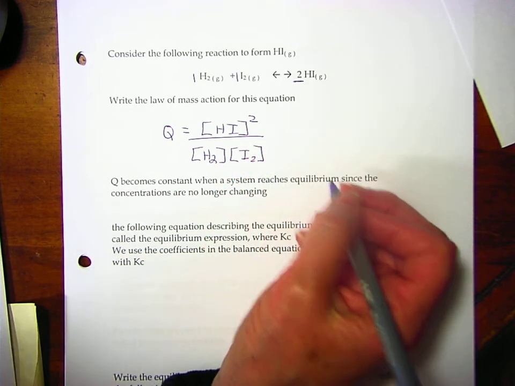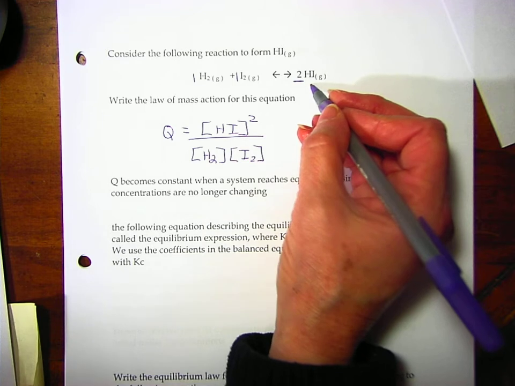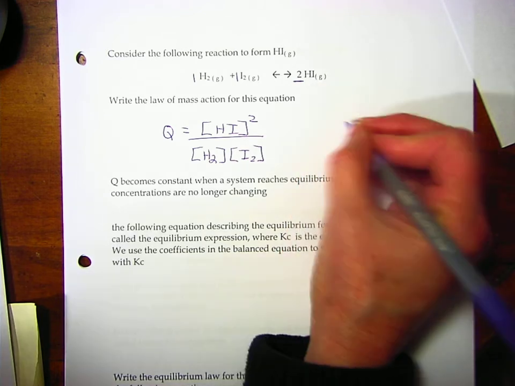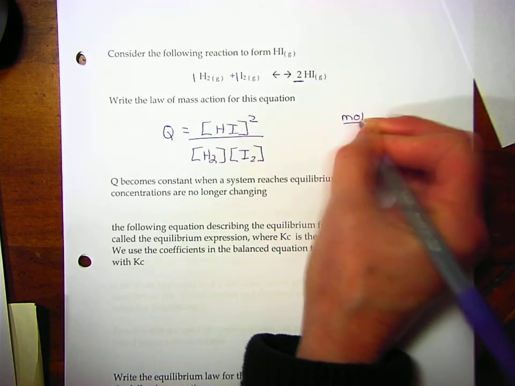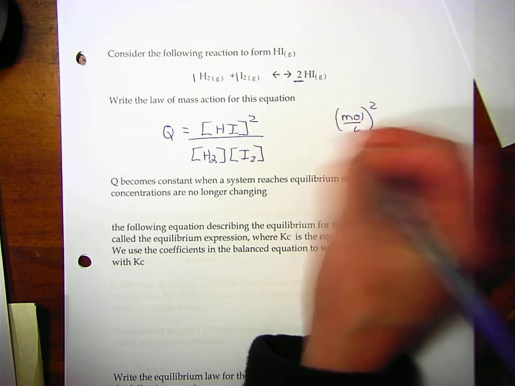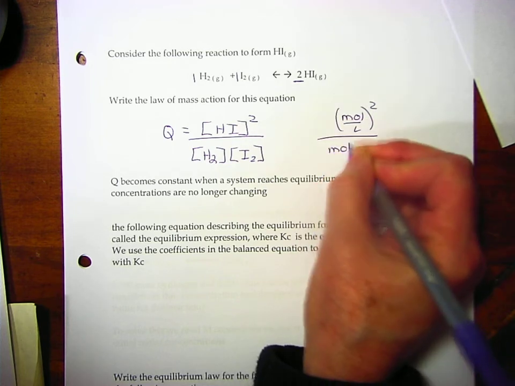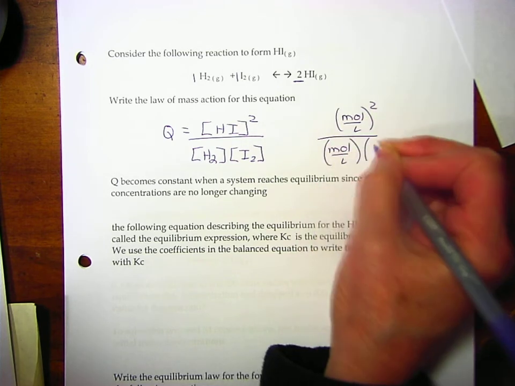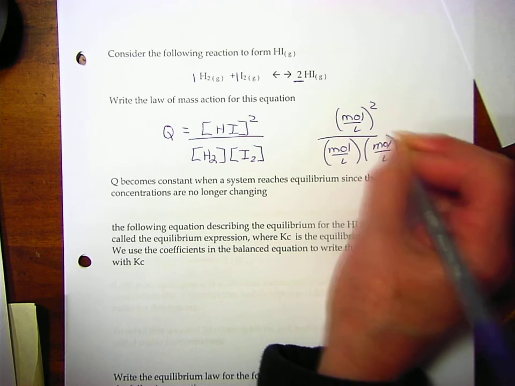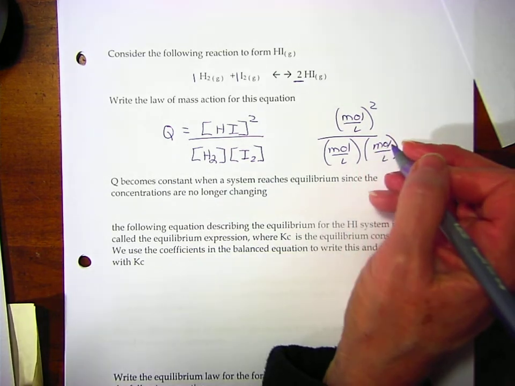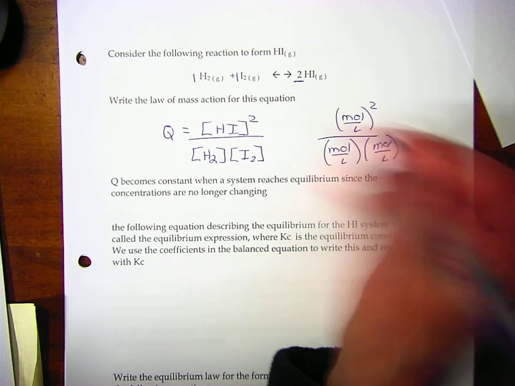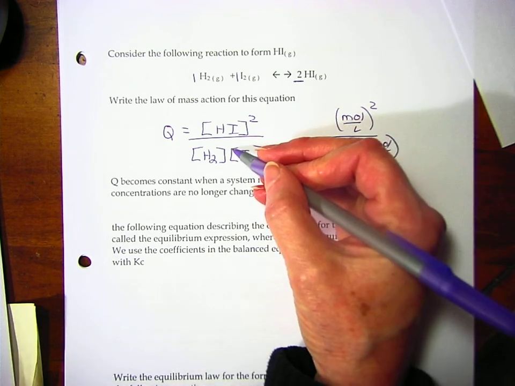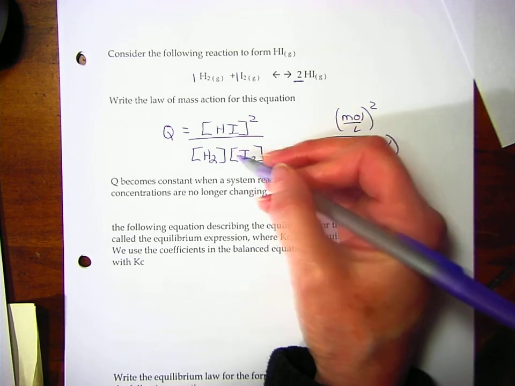Now, when you think about this, we're talking about these concentrations in moles per liter. So we'll have moles per liter, the quantity squared, divided by moles per liter times moles per liter. So in this case, the units actually all cancel and we don't have any units. Depending on what these coefficients are, we might have all kinds of weird units.